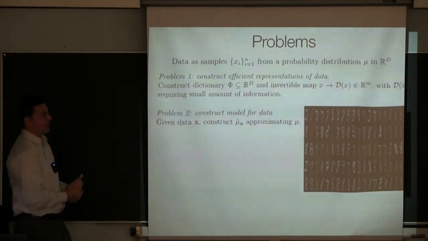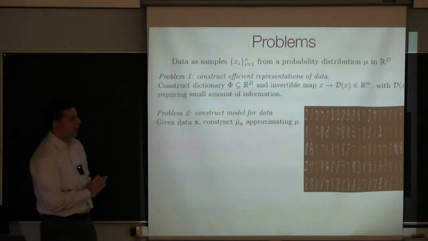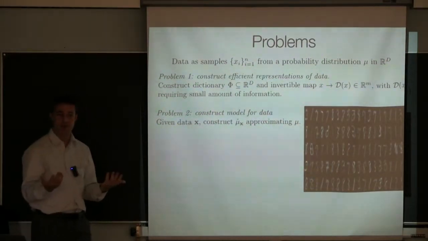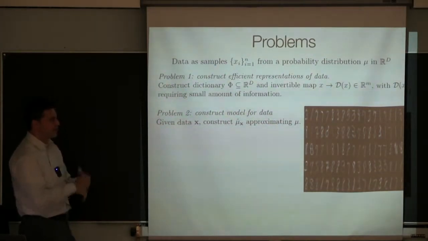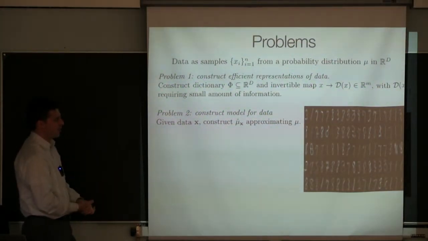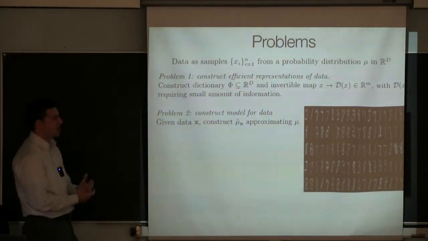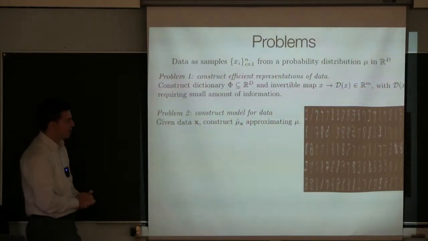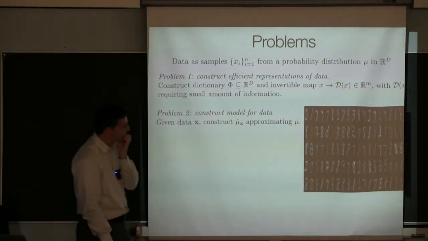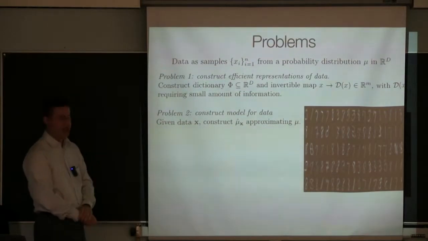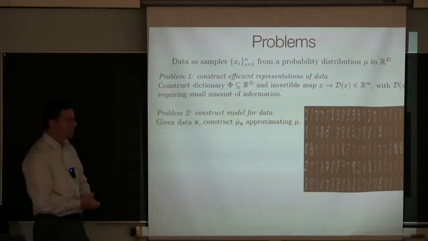Or we could even do weird things, such as producing new points. If we have an approximation to mu, I'm going to call it mu_X, because it depends on some training data X, it's a probability measure in R^D, and we can sample from it. And so what I'm showing here are pictures of handwritten digits.